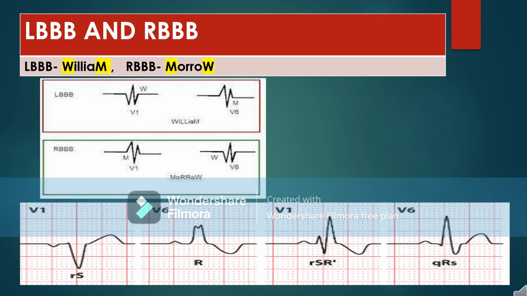So you will remember this as LBBB as William and RBBB as Morrow. So the first and last letters denote the V1 and V6 for LBBB and RBBB.